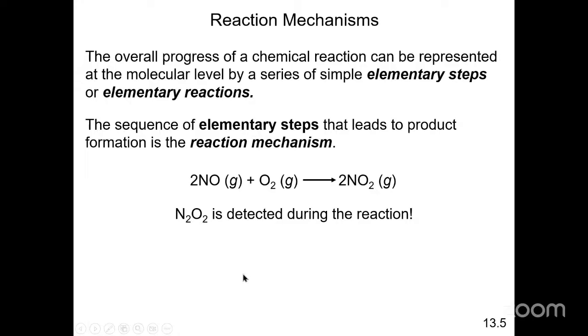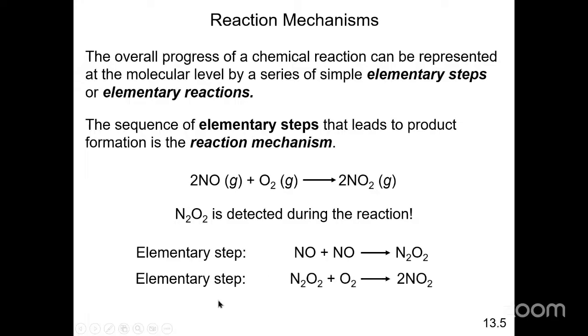One possible mechanism is where 2 NO molecules come together to form this species, dinitrogen dioxide. Then the dinitrogen dioxide reacts with the oxygen molecule to form the final product, nitrogen dioxide. So this is an example of a mechanism of a reaction.